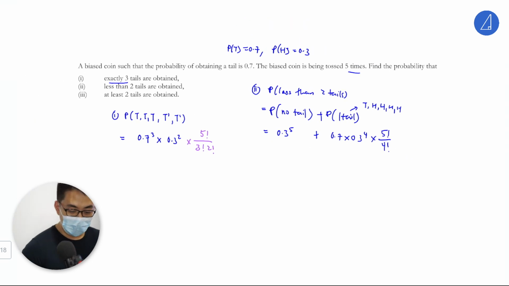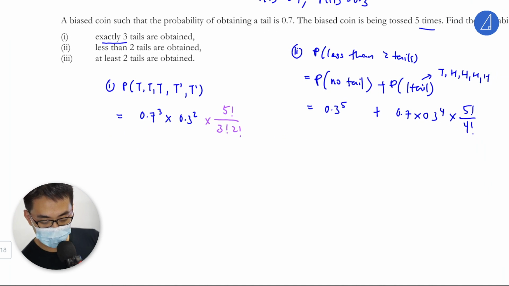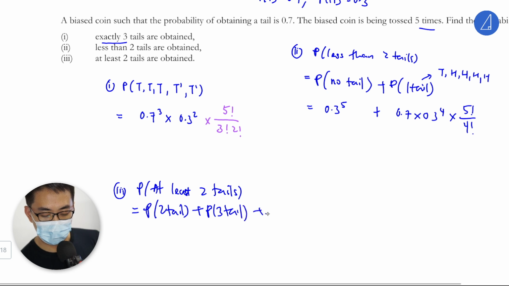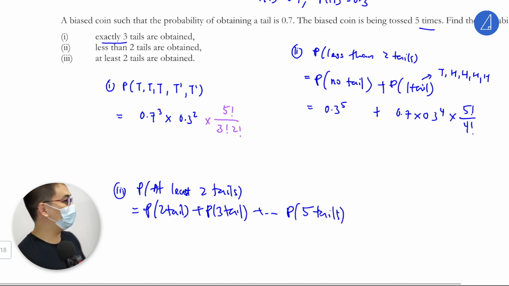Okay, then at least 2 tails are obtained. At least 2. You could take 2 tails plus 3 tails, but you're not going to do this, right? You're not going to take 2 all the way to 5.